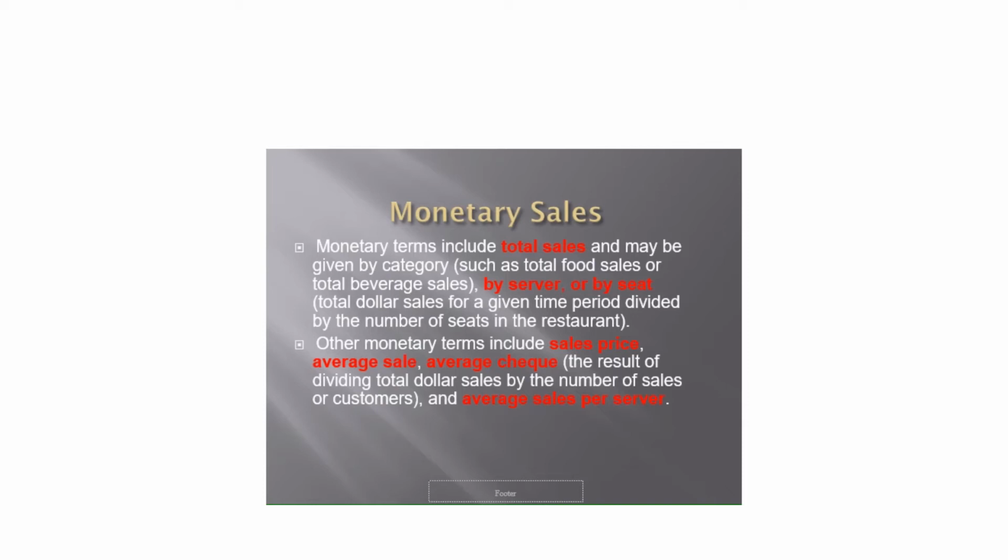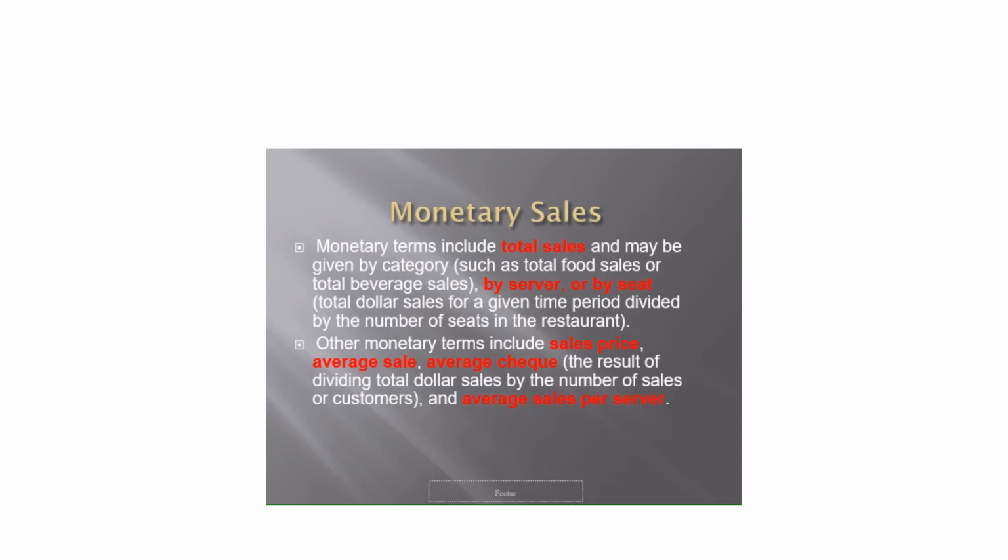So you can give them your total sales, you can give them your total dollar sales by category, so food, beverage. You can tell them your average sale per server or your average sale per seat, your average guest check or your average table sale or your average sales per server.